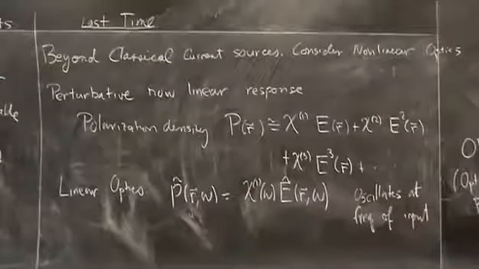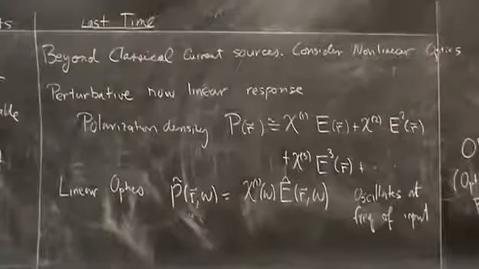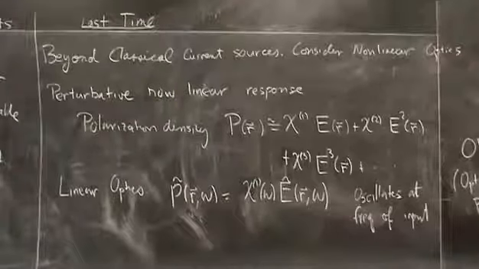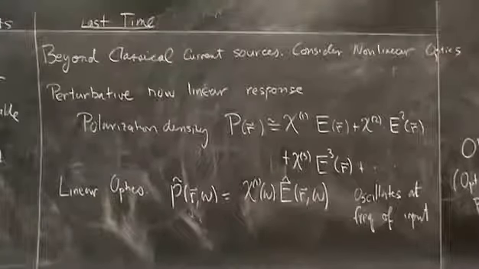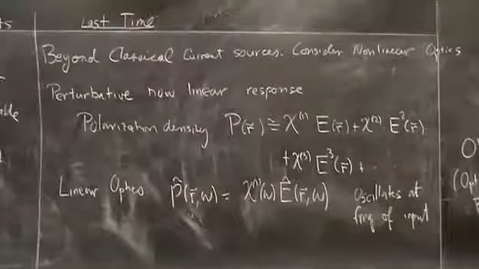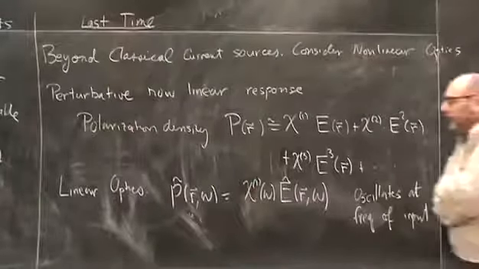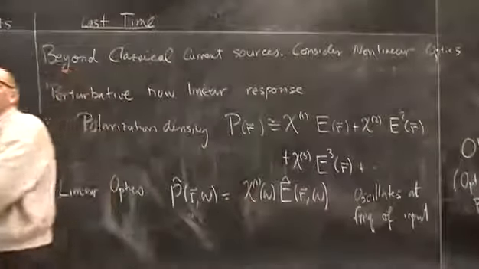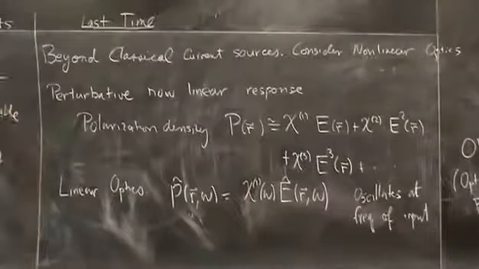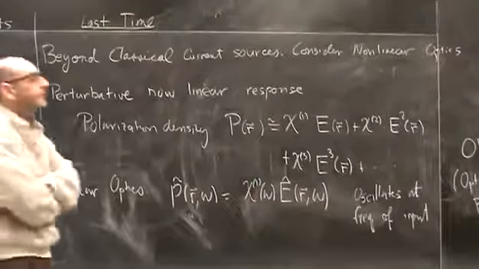And such fields arise from sources if the quantum fluctuations of those sources are negligible. And we treat them as just a mean field, a classical current. And so we needed to get beyond that somehow. And one way to think about that is what are the kinds of currents that are produced in nonlinear optics. Okay?